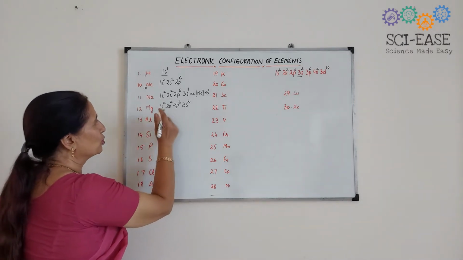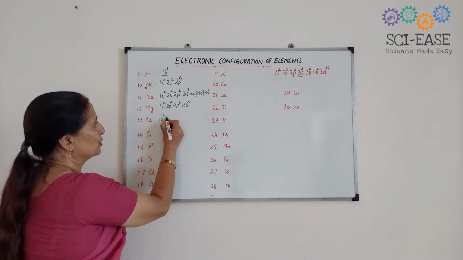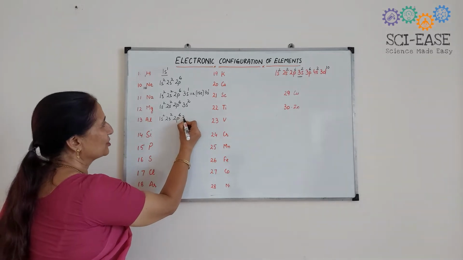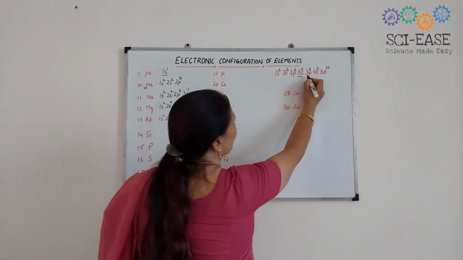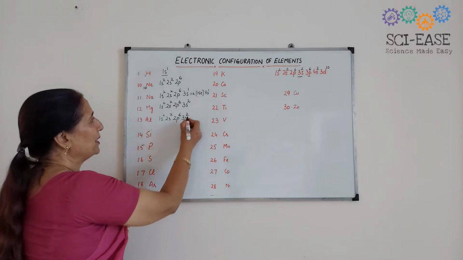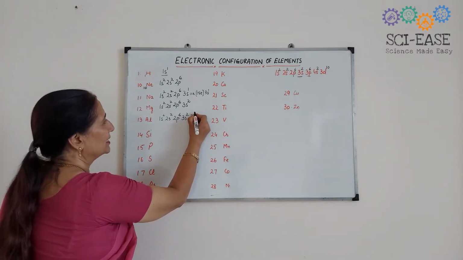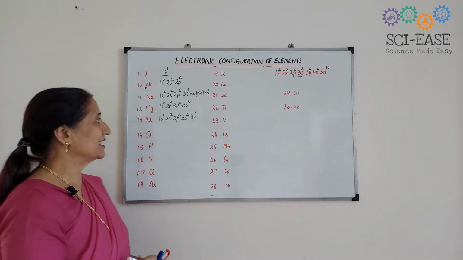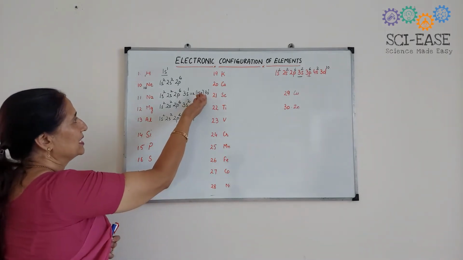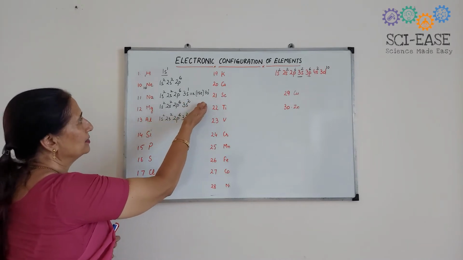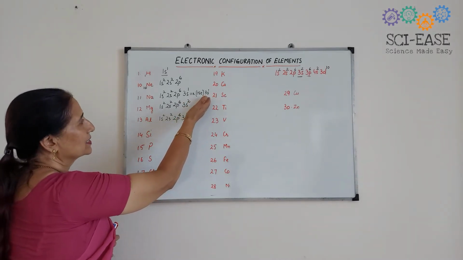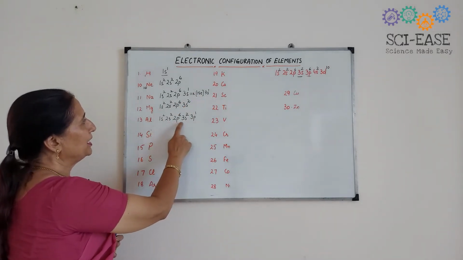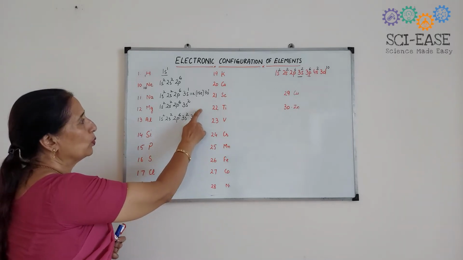So you write up to 12: 1s2, 2s2, 2p6, 3s2. Now the next subshell is 3p. So the one electron will go in 3p. Or you can write this configuration as neon 3s2, 3p1.